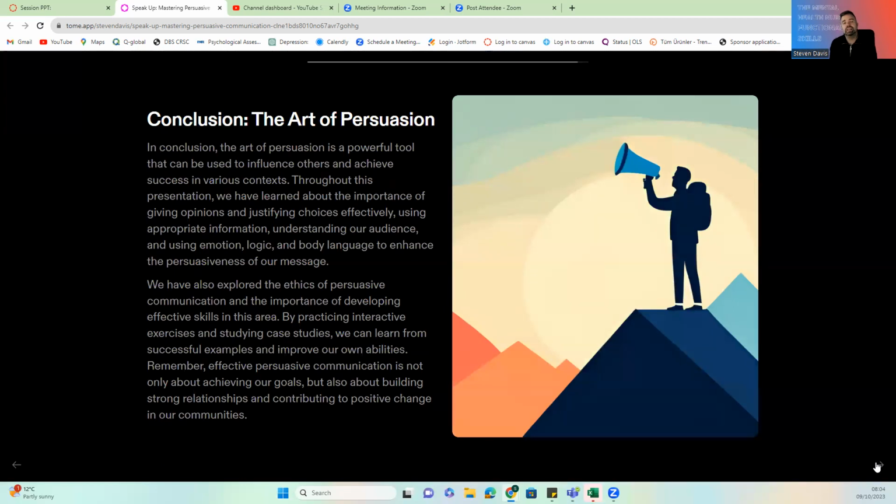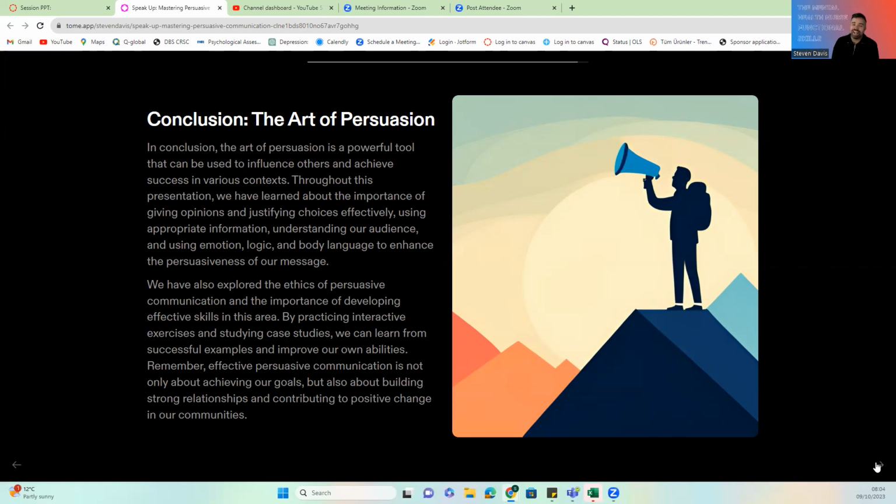Conclusion. In conclusion, on the art of persuasion: persuasion is a powerful tool that can be used to influence others and achieve success in various contexts. Throughout the presentation, you've learned the importance of giving opinions and justifying choices effectively, using appropriate information, understanding your audience, and using emotion, logic, and body language to enhance the persuasiveness of your message.